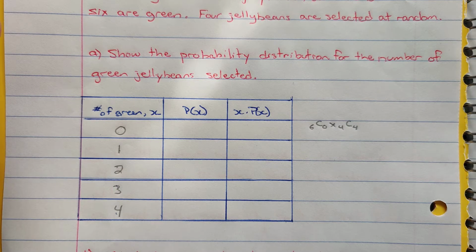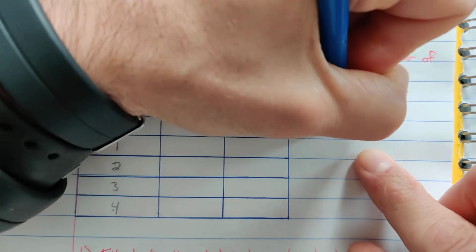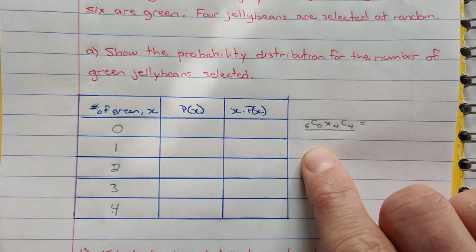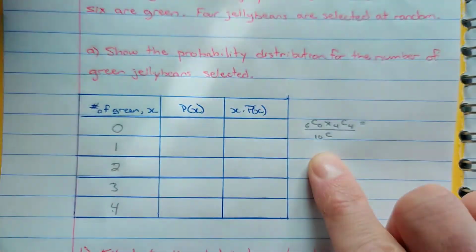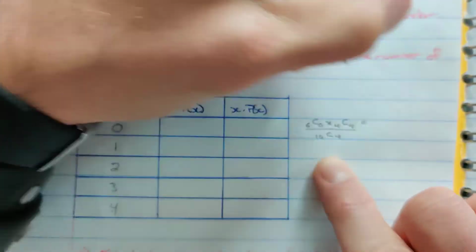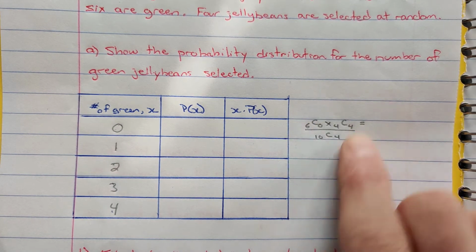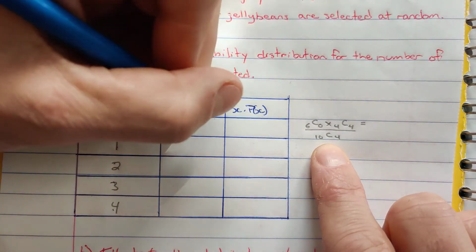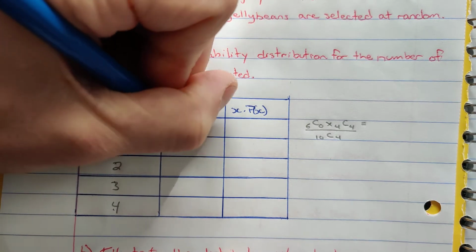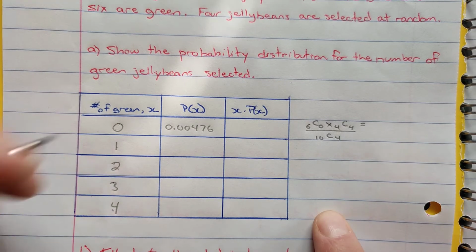So 6 choose 0 times 4 choose 4, and then we're going to divide that by the total number, which is 10 jelly beans total, choose 4. So 6 choose 0 times 4 choose 4 over 10 choose 4. That's going to give us our probability. Picking green, picking blues, and then out of the total, that gives us 0.00476 as our probability.